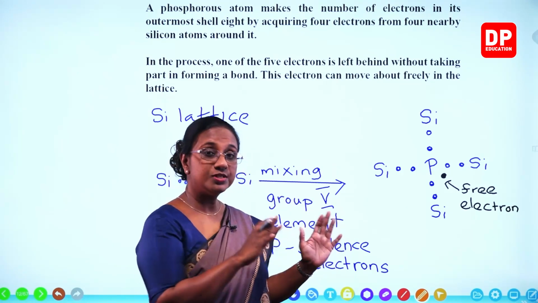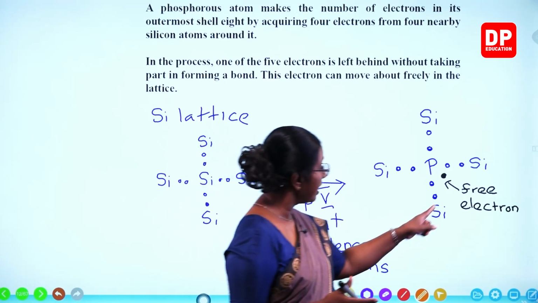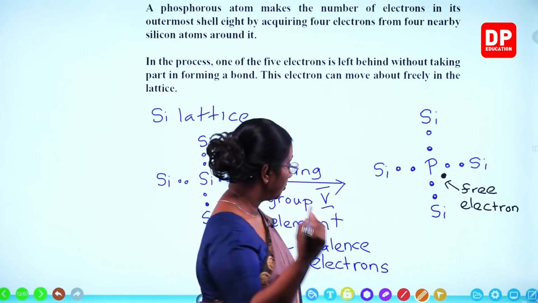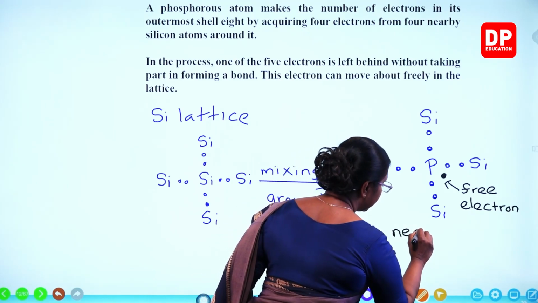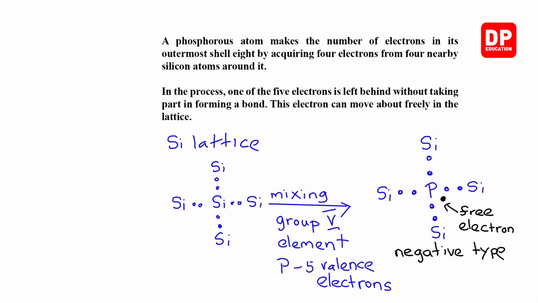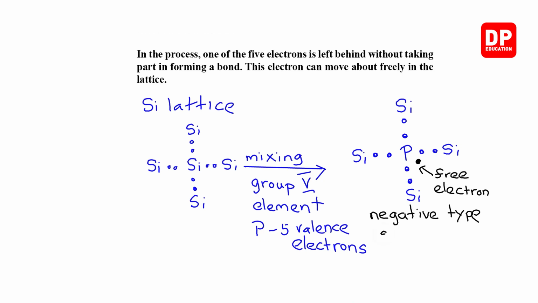The normal holes and electrons are also going to be there, in equal number, but there are additional free electrons coming from phosphorus. So because of that, this is a negative type semiconductor, or what we call an N-type semiconductor.